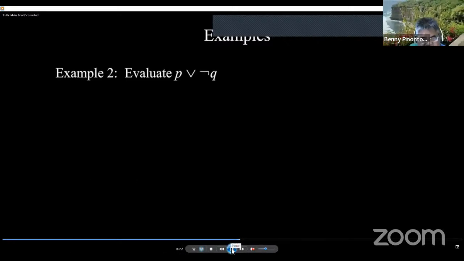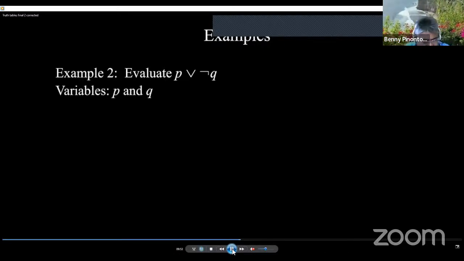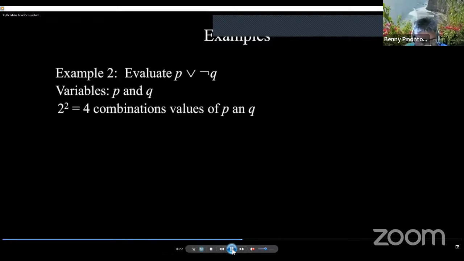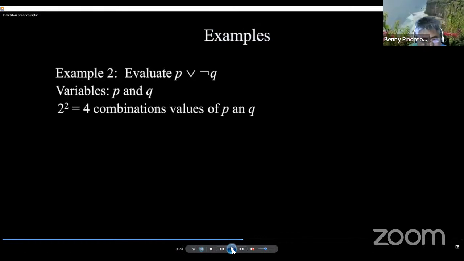The next one is the evaluation of P and not Q. So here there are two variables, so we have 2 to the power 2.